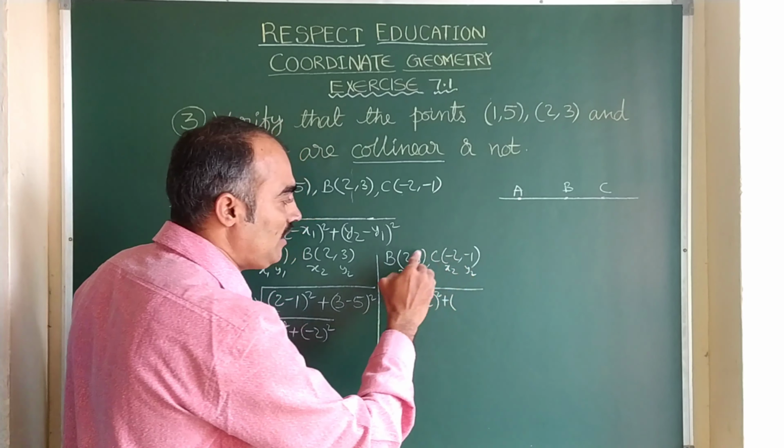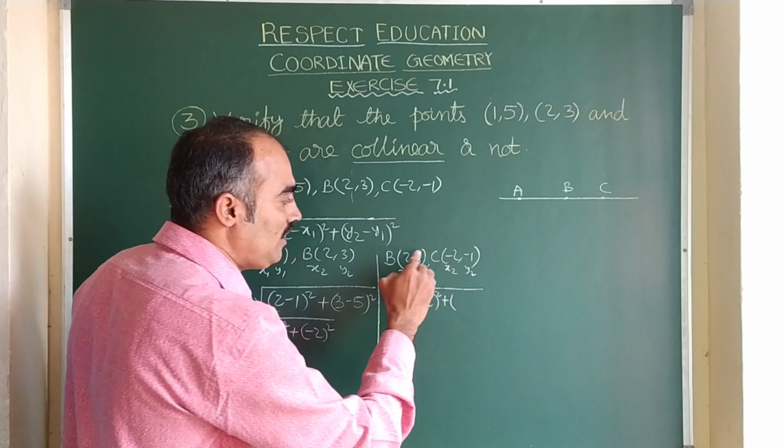(Minus 4) whole square is plus 16, so it is 16 plus 16, which is 2 times 16. I am writing 16 times 2. Here we can split the square root for both. Root 16 is 4, and root 2 I am writing as it is. So it is 4 root 2 units. So here I got BC as 4 root 2 units. Let us note down BC as 4 root 2 units.